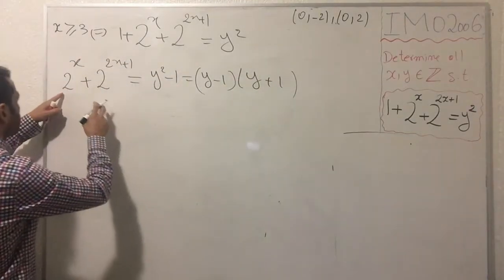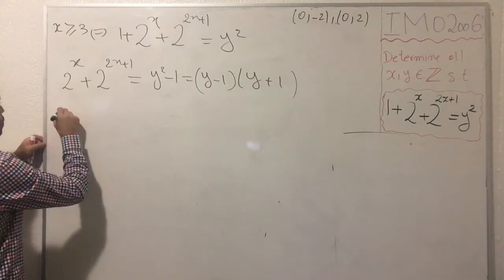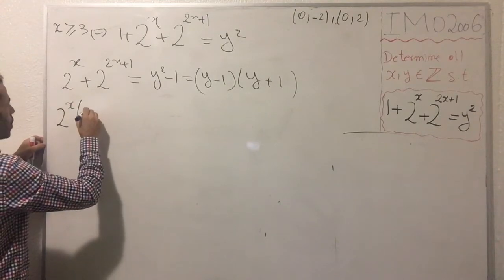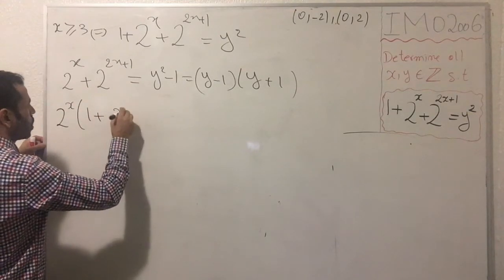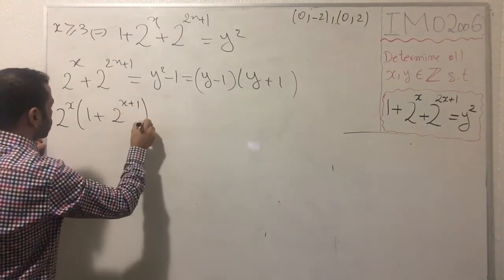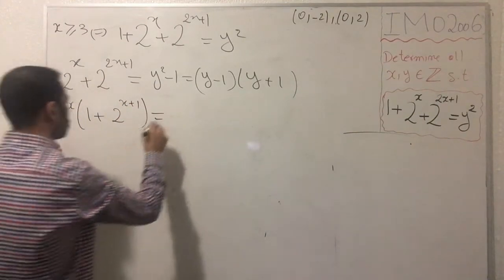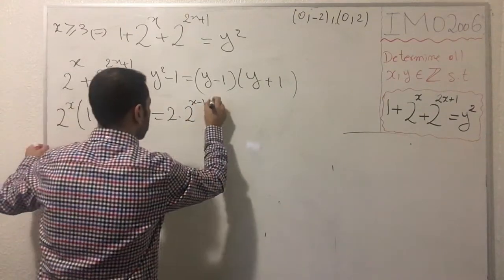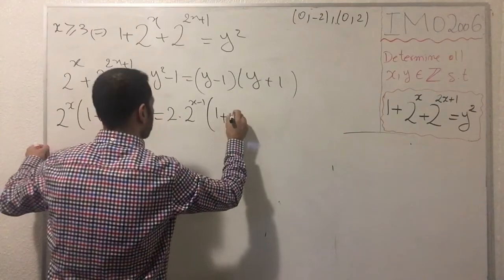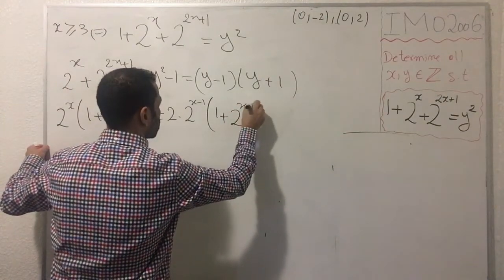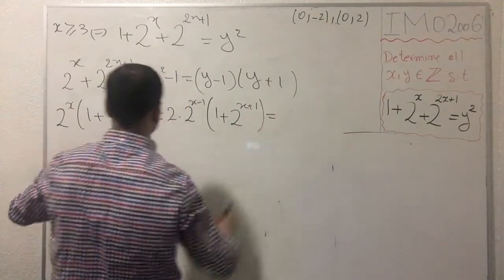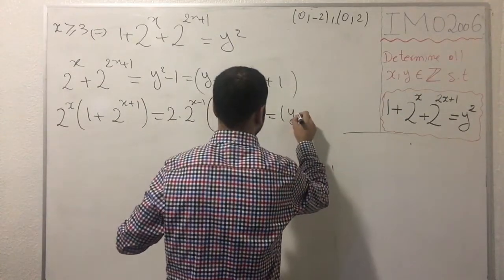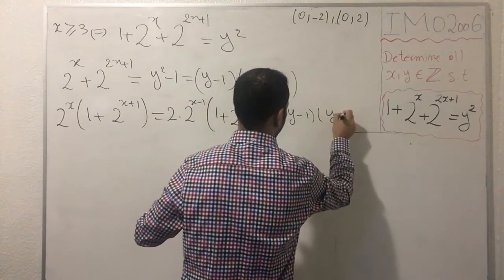Let's take the number 2 to the x as a common factor of these two terms: 2 to the x multiplied by 1 plus 2 to the x plus 1 equals 2 to the x minus 1 multiplied by 1 plus 2 to the x plus 1, which equals y minus 1 multiplied by y plus 1.